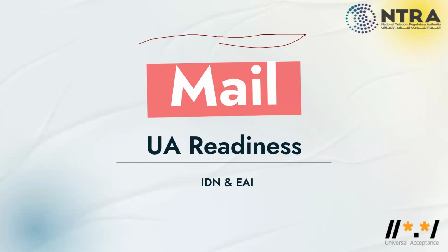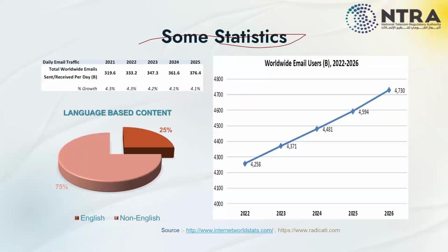For email servers, this shows how to make your mail server universally accepted. As I said before, there are billions of emails sent and received daily. There are billions of email user accounts, increasing from year to year.